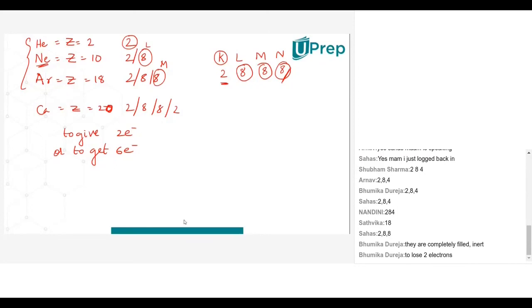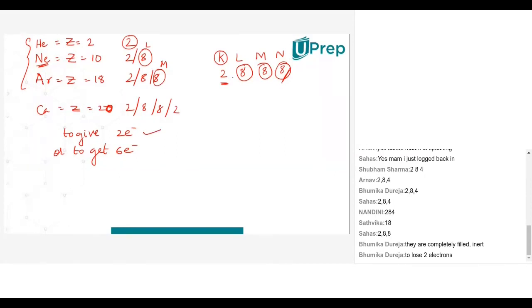I don't have to work harder to get those 6 electrons. All right, hold on. Is this clear to everyone so far? Sahas, Funny, Milan, I'm waiting for your answers. All right. So it is easier for it to give away these 2 electrons.